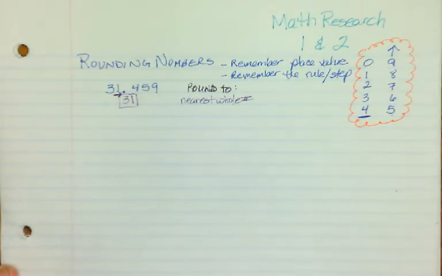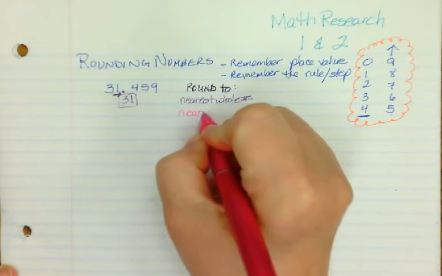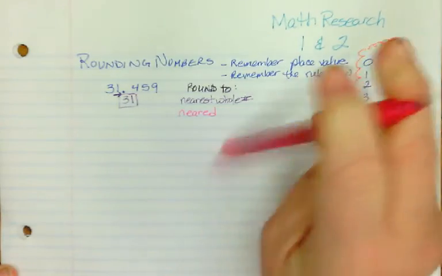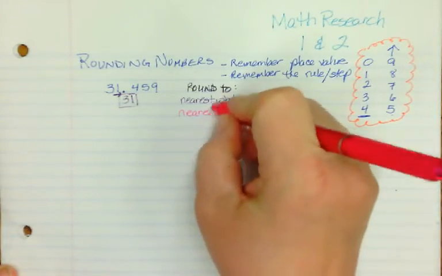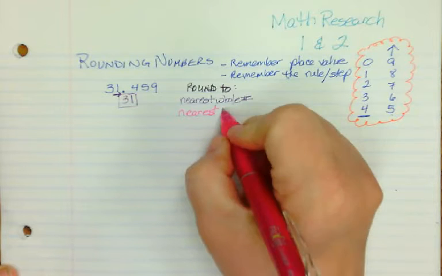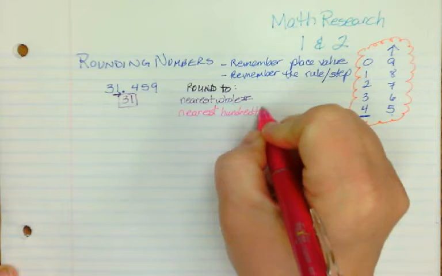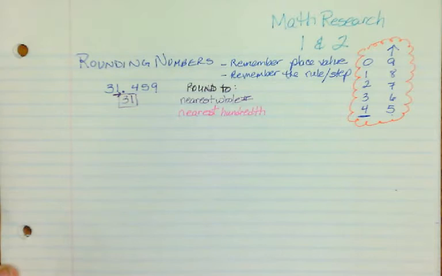Now, I'm going to round to, whoops, boy, can I spell? Nearest hundredth. Maybe I can make this a little bit bigger for you.